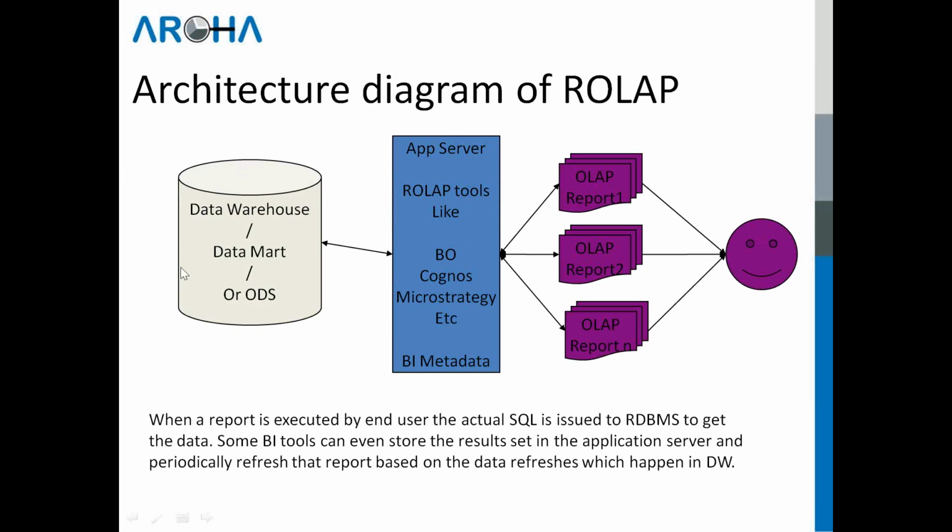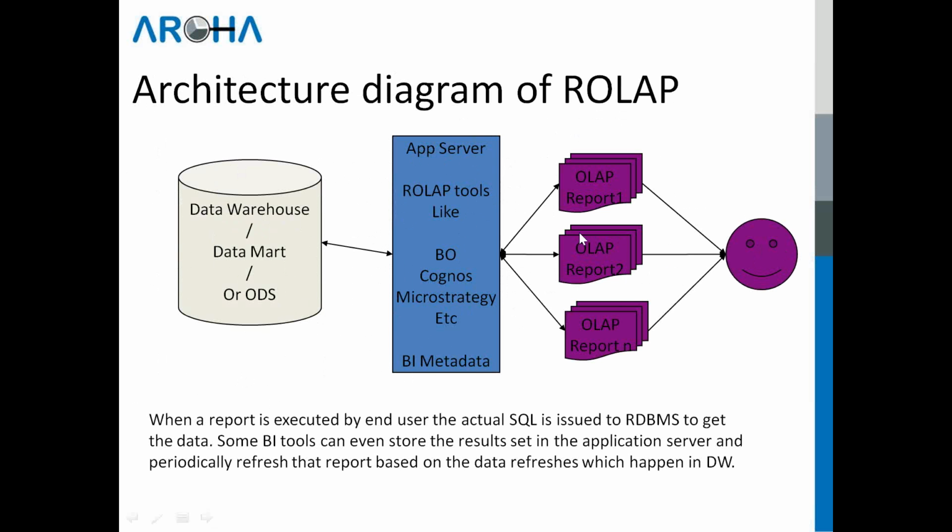So you have a data warehouse, data mart, ODS, keep whatever you want. Now you will end up creating an application server, which is an application where you convert your data structure in a way that your end user can directly access that data through this layer.